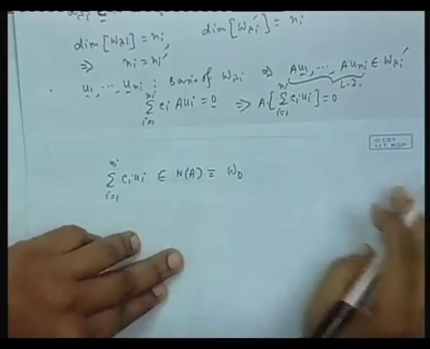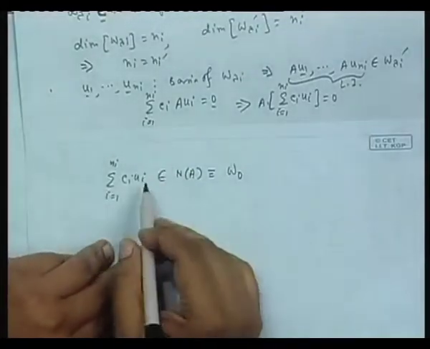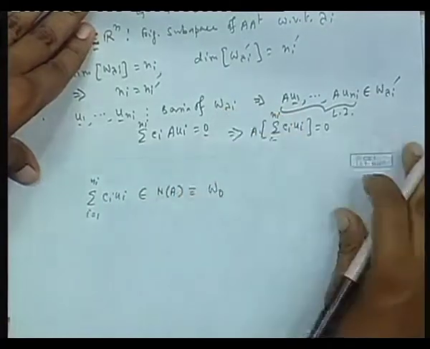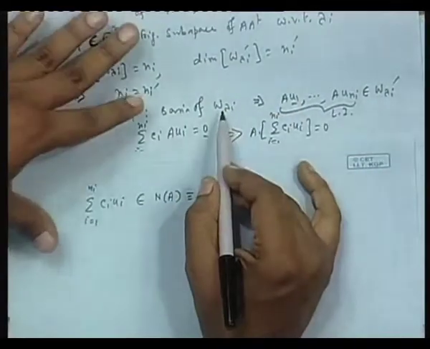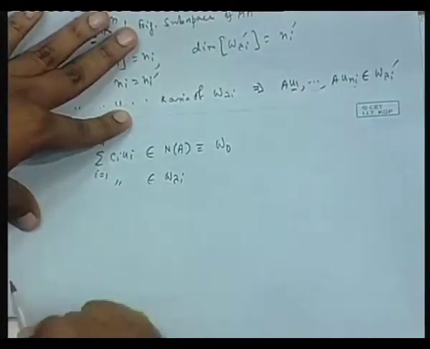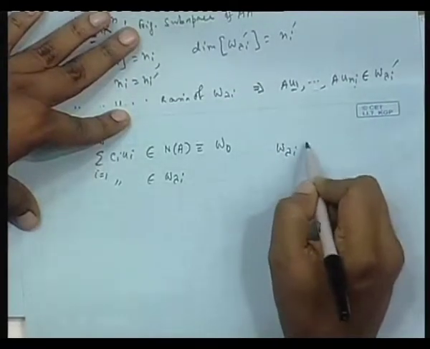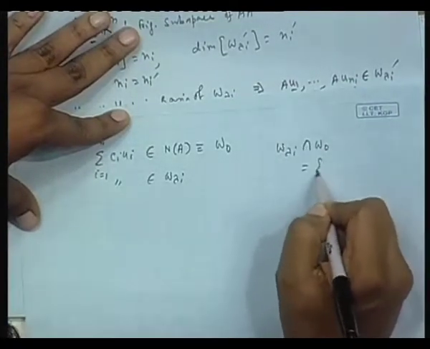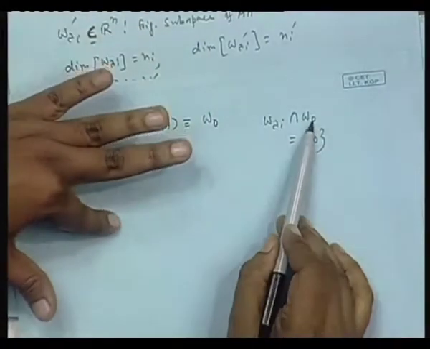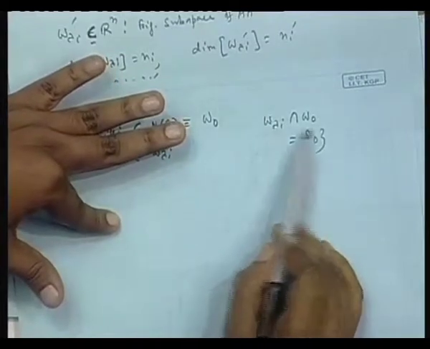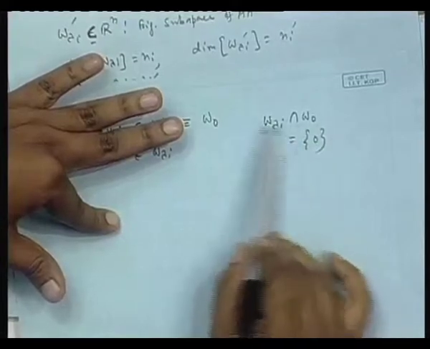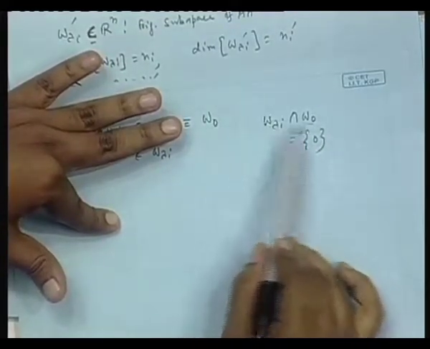But where are the u I's taken from? The u I's are taken from W lambda I. So the sum belongs to W lambda I, and W lambda I intersection with W0 is nothing but only the 0 vector, because this is corresponding to eigenvalue 0, this is corresponding to eigenvalue lambda I, they are distinct, and therefore the corresponding eigenvectors, any vector from here, any vector from here, they are linearly independent. So the only place where these two subspaces intersect is 0.